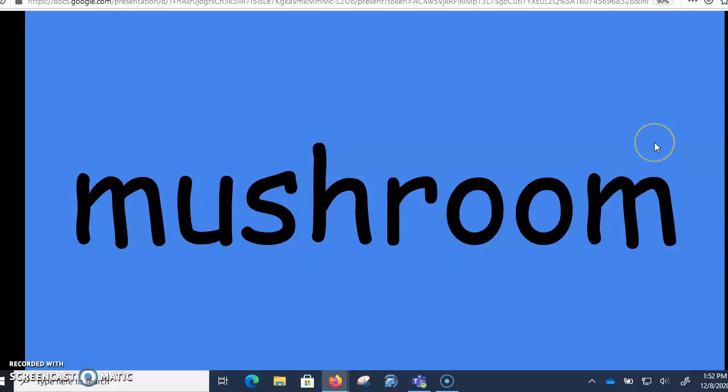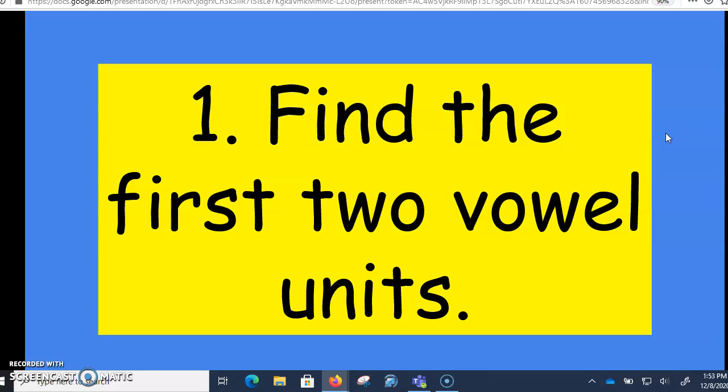Go ahead and erase your board if you're using a whiteboard, or if you're using a pencil and paper, find a new spot on your paper and write your next word down. Okay, we're going to go ahead and find our vowels.